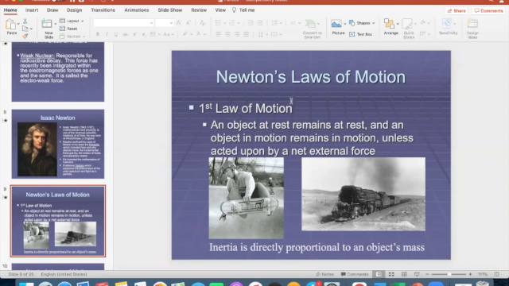Inertia is directly proportional to the object's mass. So an object, whether it's moving or not moving, will remain in that initial state unless there's an outside force acting on it. External force just means outside force. And don't forget, force means a simple push or pull on an object.